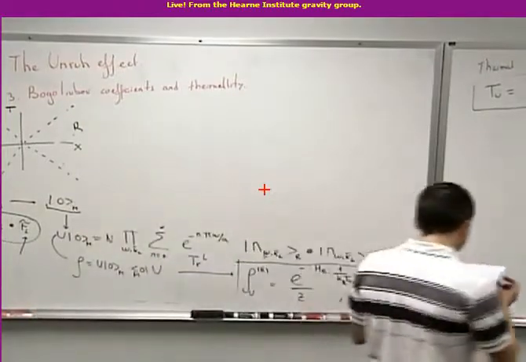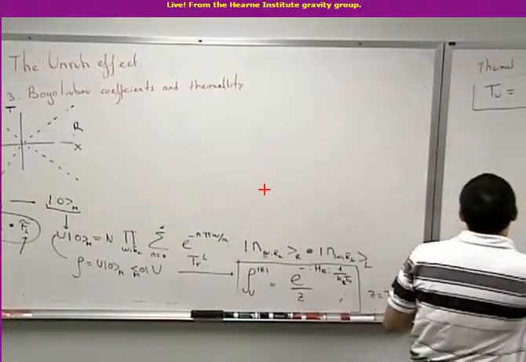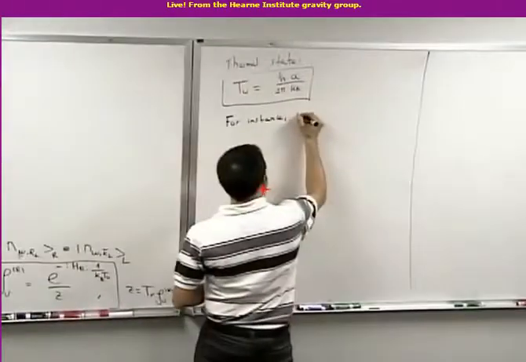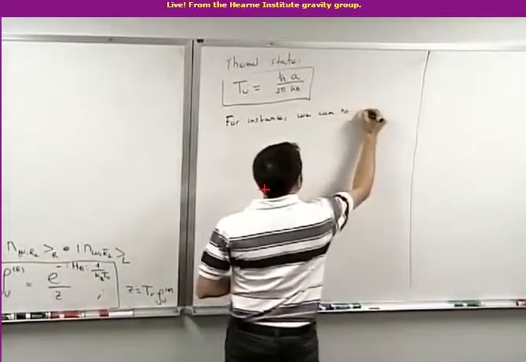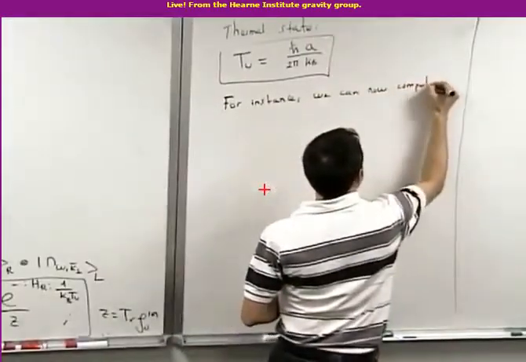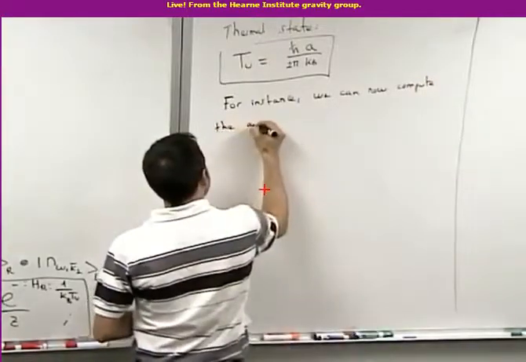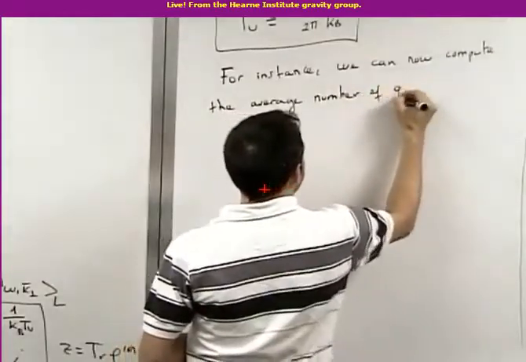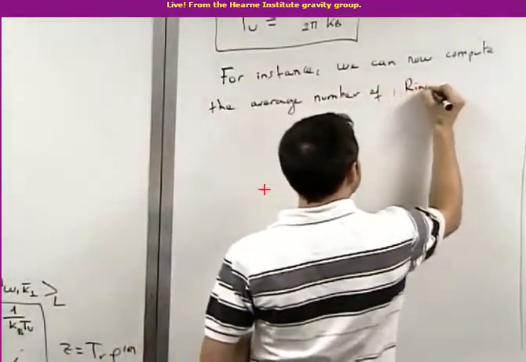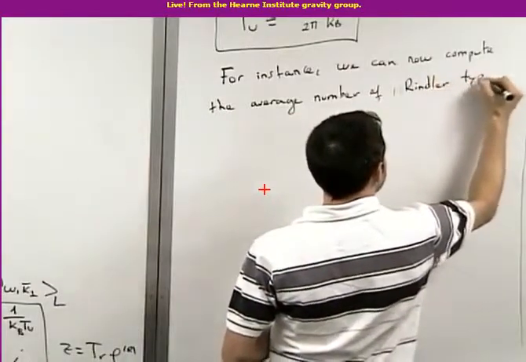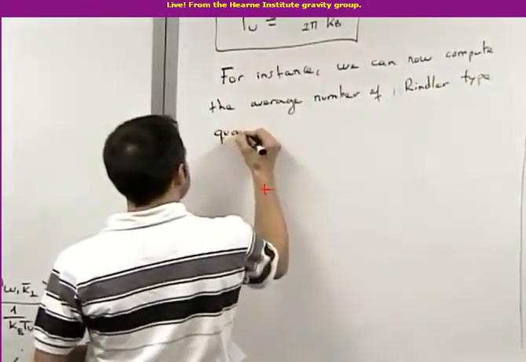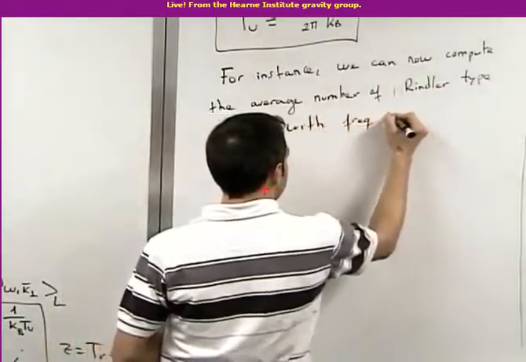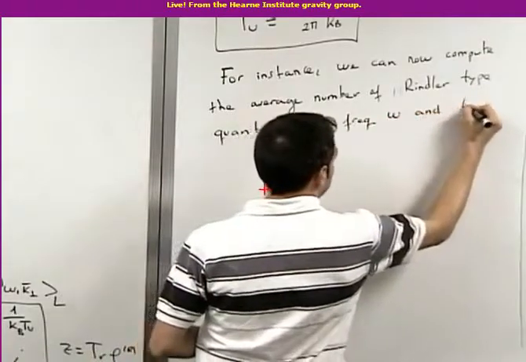So just to tell you what normally you find in books, for instance, we can now compute the average number of quanta, of Rindler type quanta, with frequency omega and transverse momentum.